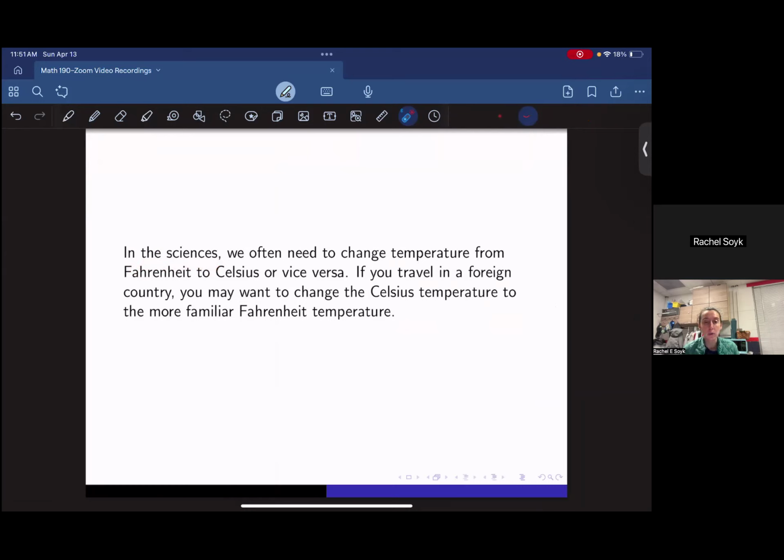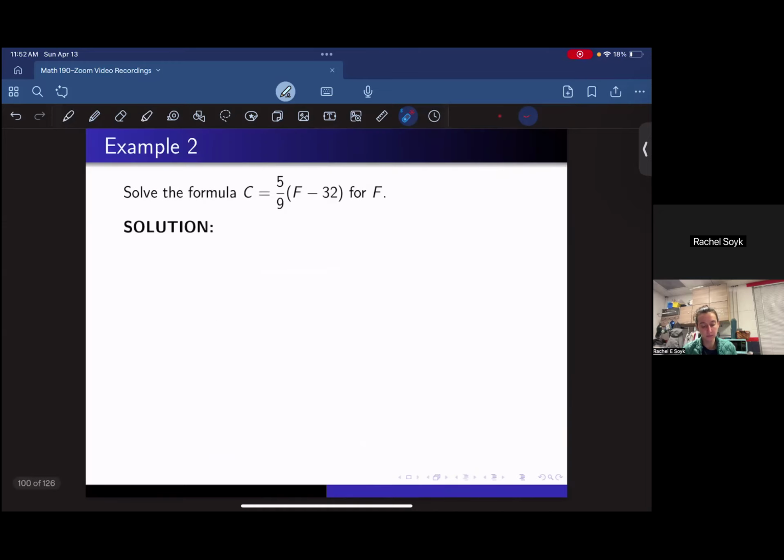Whether you're traveling to a different country and you see Celsius everywhere, but you're familiar with Fahrenheit and you need to do that conversion in your head, or let's say you grew up over in Europe, for example, and you came to visit the States, and you need to convert from Celsius to Fahrenheit because you see Fahrenheit everywhere. Well, in these next concrete examples, we will be practicing the conversion from Fahrenheit to Celsius and vice versa. So let's take a look at example 2.